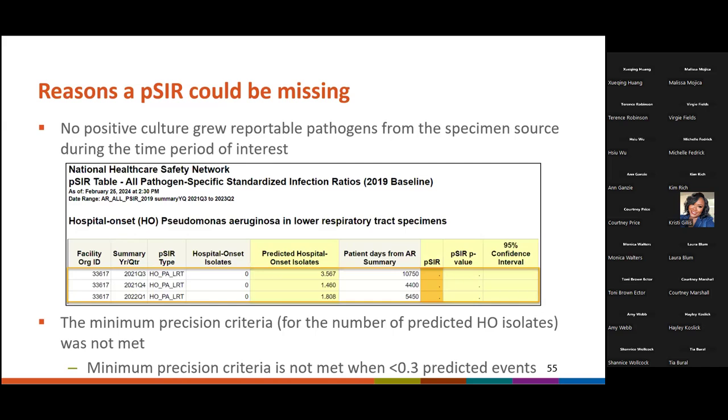For 2021 Q3, 2021 Q4, and 2022 Q1, even though the predicted hospital onset isolates were all greater than 0.3, no positive culture grew reportable pathogens from lower respiratory tract specimens during these quarters, so the pSIR will be suppressed or appear missing. If the number of predicted hospital onset isolates is less than 0.3, then the minimum precision criteria was not met and the pSIR will be suppressed.